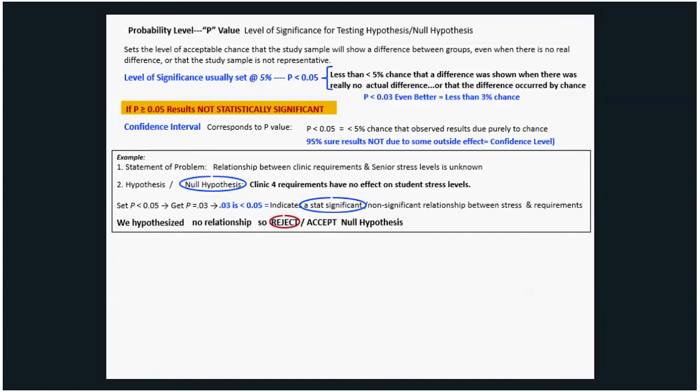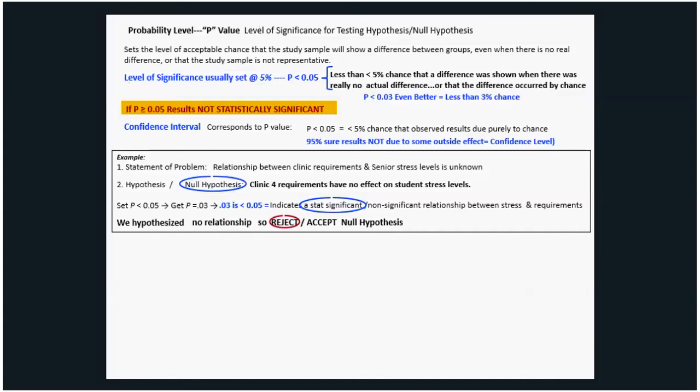And so the National Board will ask you questions along this line, where you'll have to identify whether you're going to accept or reject a null hypothesis, or if they set up a hypothesis, whether you would accept or reject. If we had said here, Clinic 4 requirements have an effect on student stress levels, then that would have been a hypothesis.